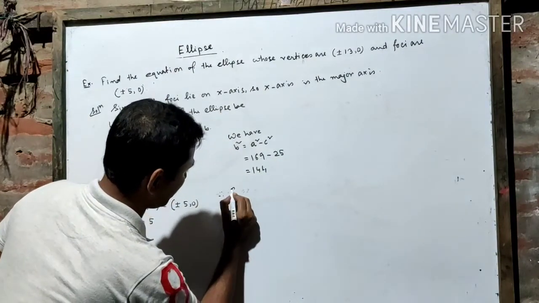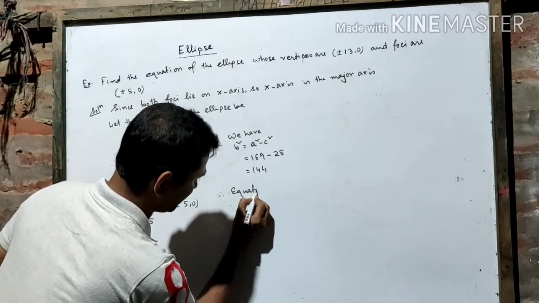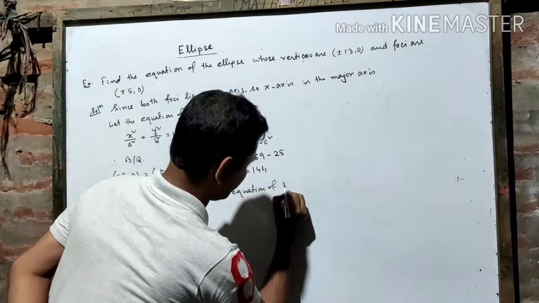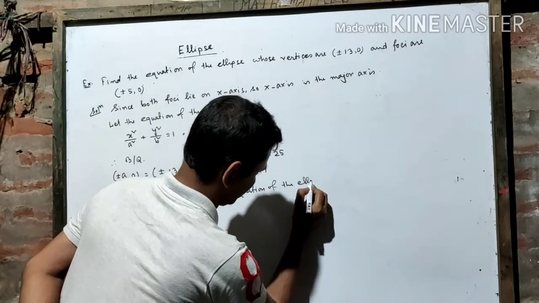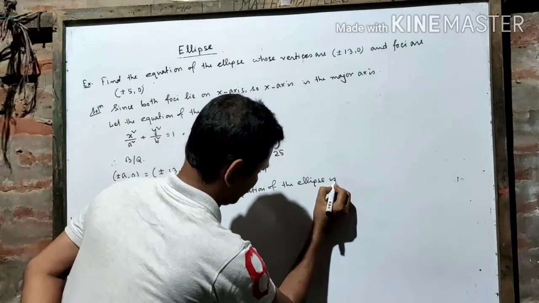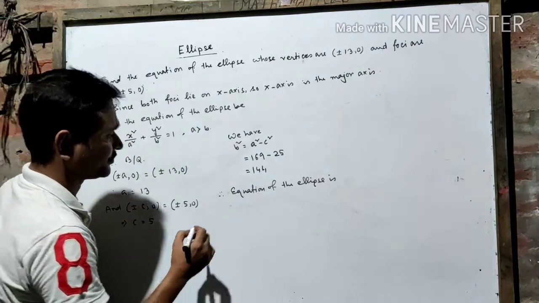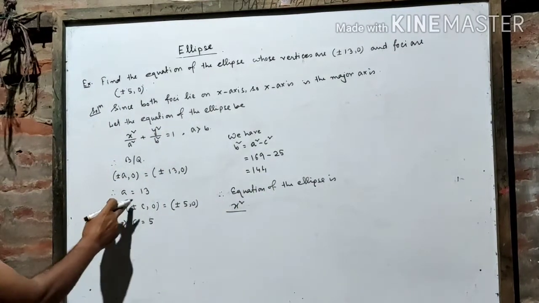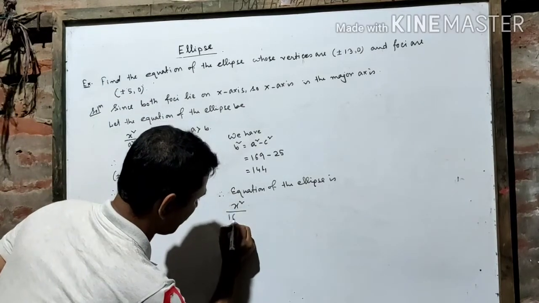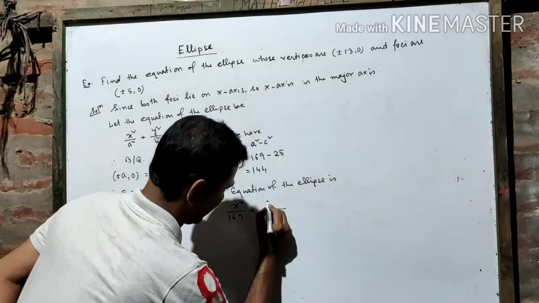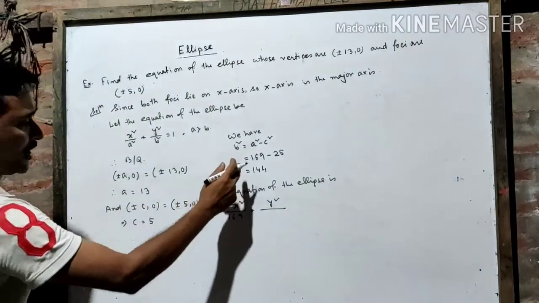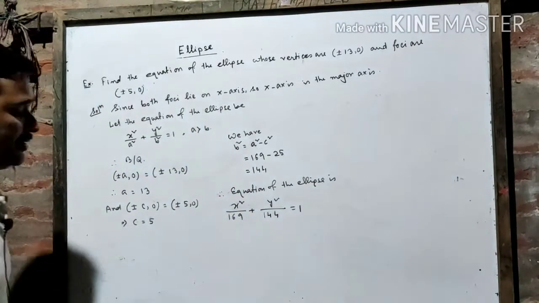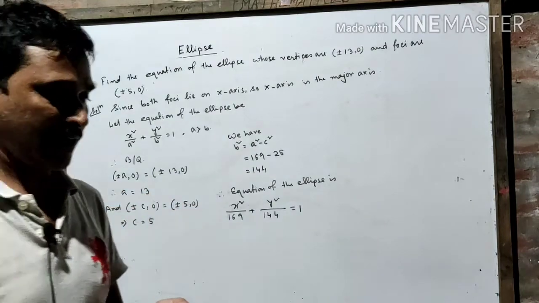Therefore, equation of the ellipse is x square by a square, a square means 169, plus y square by b square, b square means 144, is equal to 1. Thus, we find the equation of the ellipse.